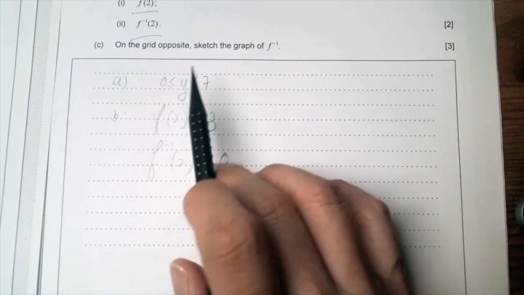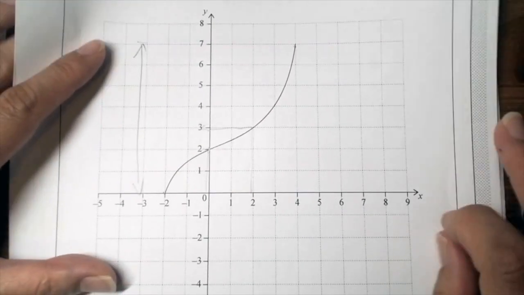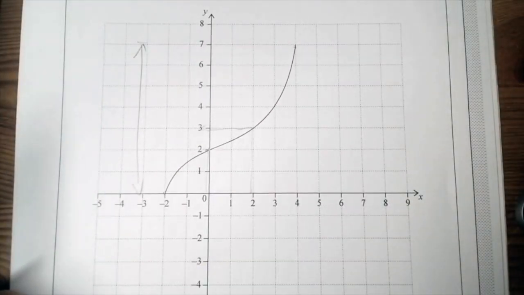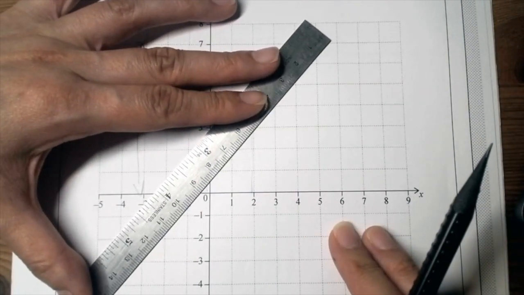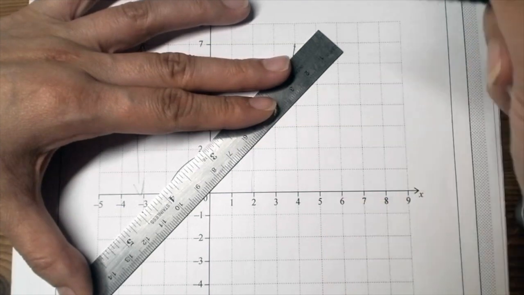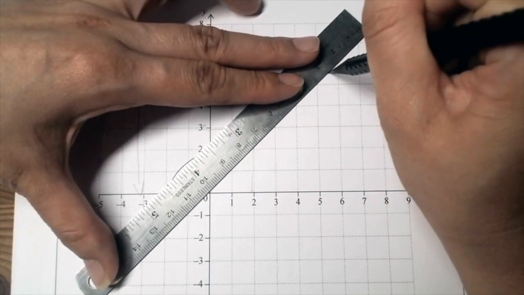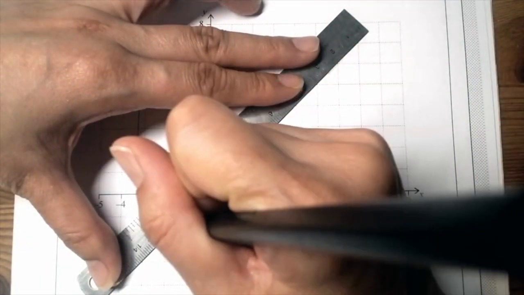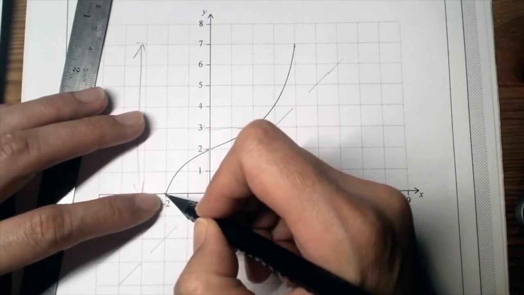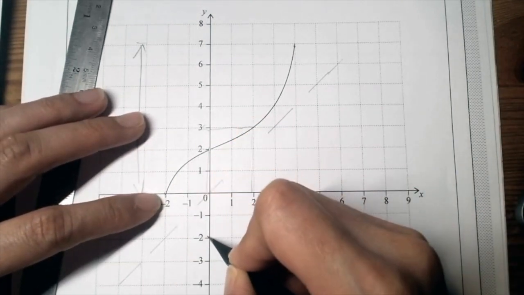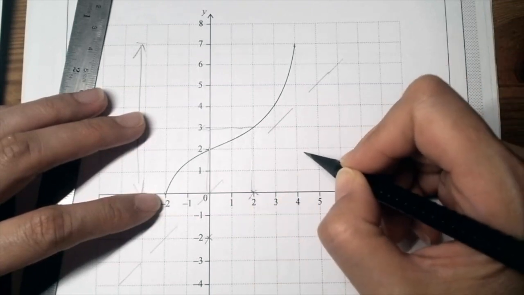And then now on the grid, sketch the f inverse. So we get back to the graph here, and then we need to sketch the inverse. Usually I will draw a line just in case I miss anything, with x equals y first, to show that I know it's a reflection. So when x equals negative 2, y equals 0, so I do an inverse here: (-2, 0) becomes (0, -2).